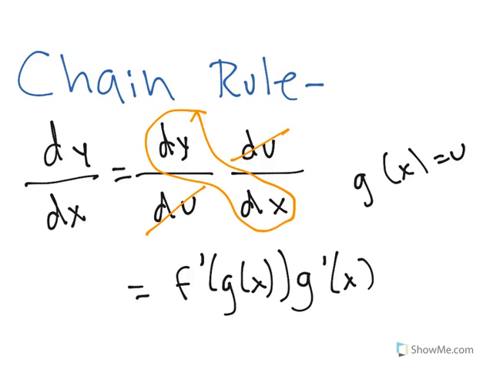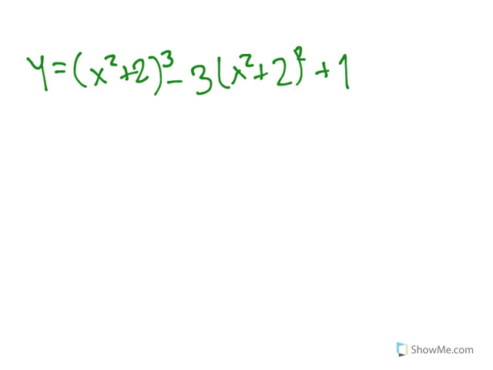So let's look at an example. Let's say that we defined y to be x squared plus 2 and all of that cubed minus 3 times x squared plus 2 and all of that squared plus 1.